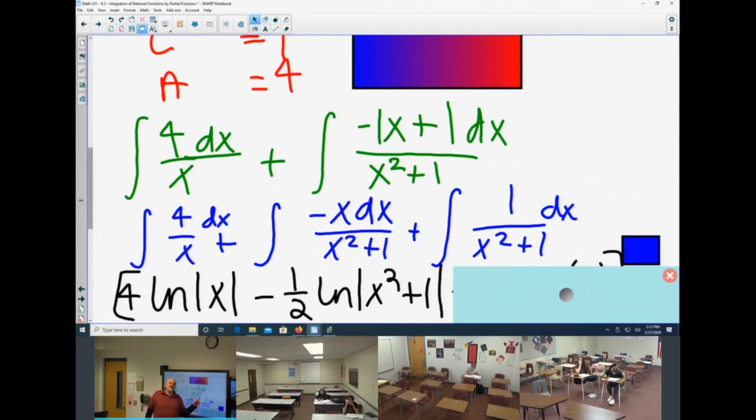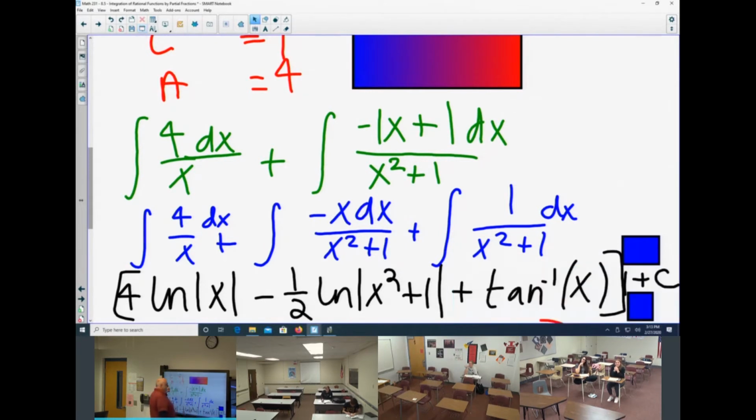Now how about the last one? This is a pattern: dx over x squared plus 1. That's actually a formula. Anyone remember what that formula was? Was that the inverse tangent? That is the inverse tangent, sir. Good job.